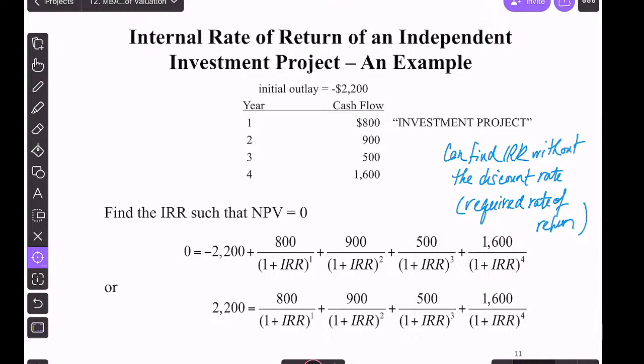It's a percentage return that reflects the return on investment for the project. So with these cash flows, you could see it like this, or I could write this in this way. So what I want to do is find the rate that solves this amount equal to 2,200.